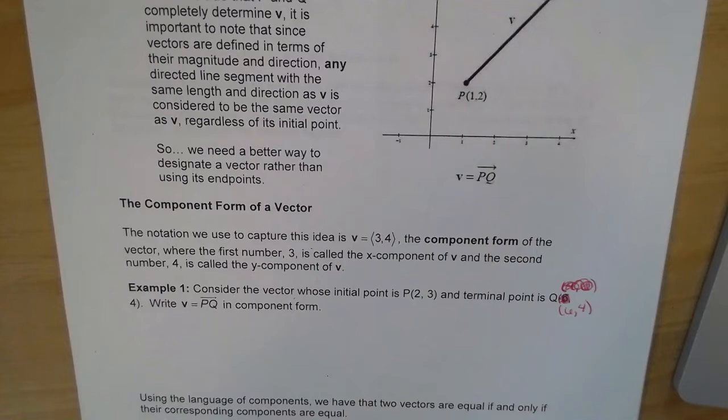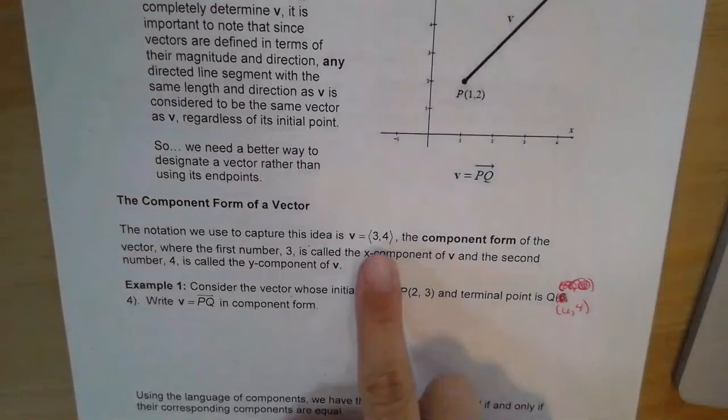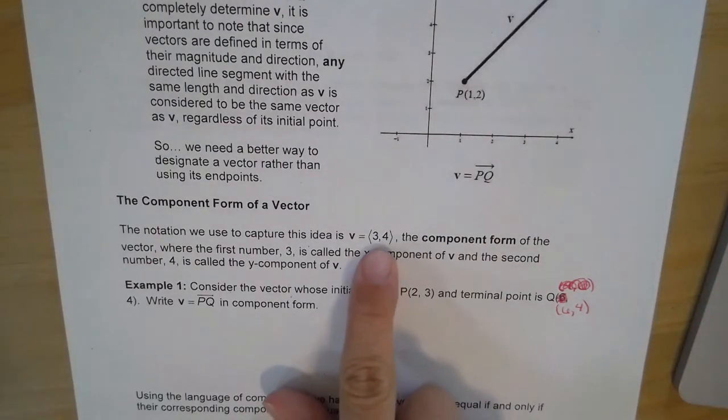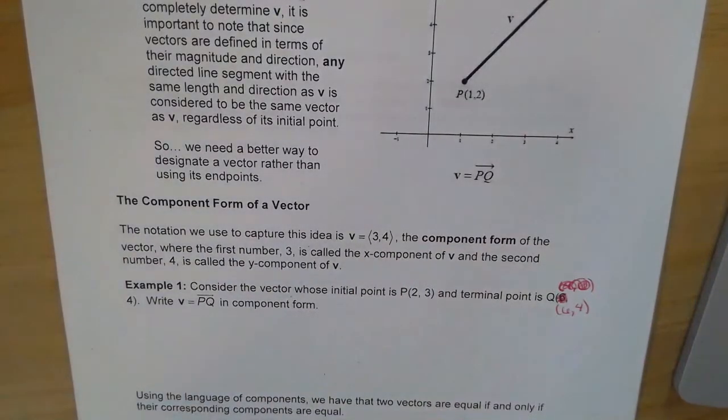The component form of the vector, where the first number is 3, is called the x component. It is not your starting or your ending, it's your x component. And the second number, 4, is called the y component. Now, technically, this would be the terminal point if we had started at 0, 0. But actually, this helps us with our magnitude.